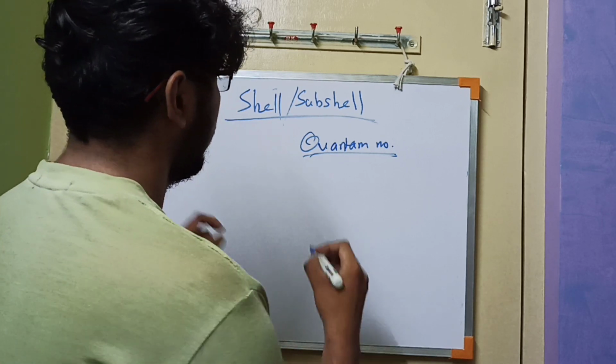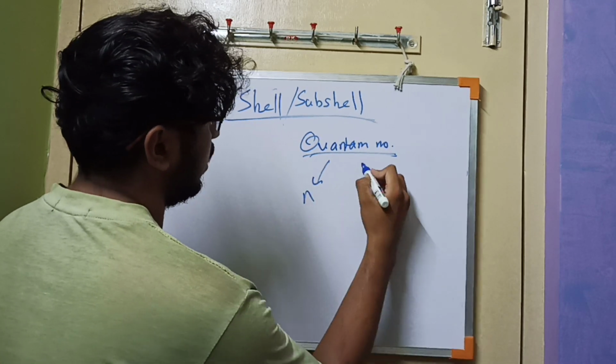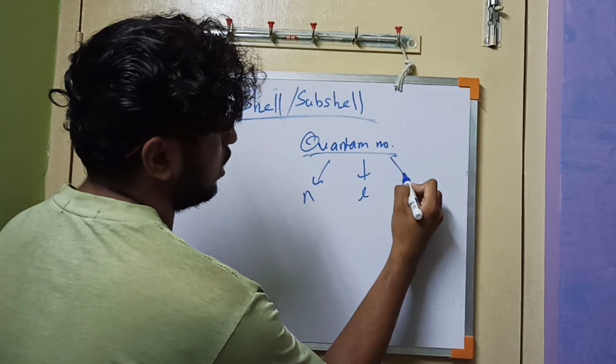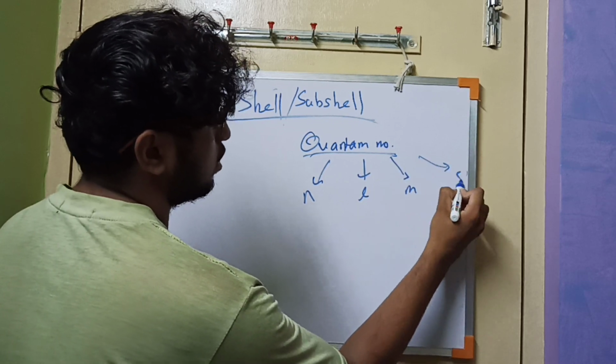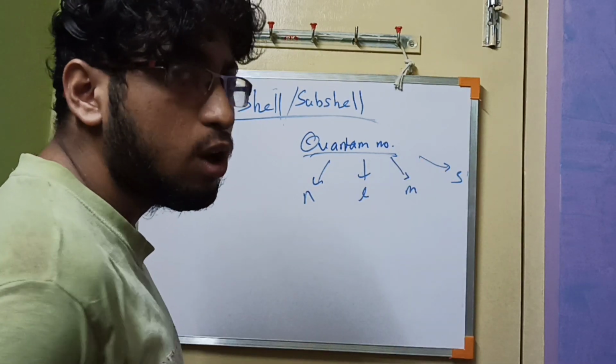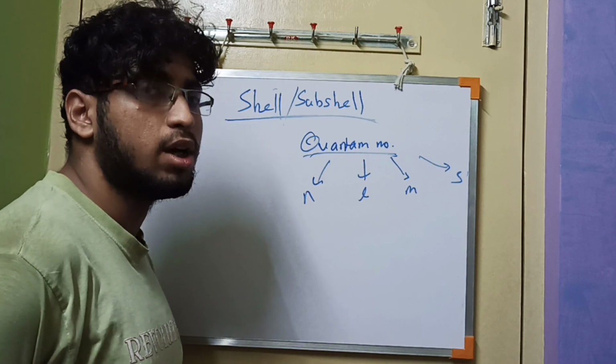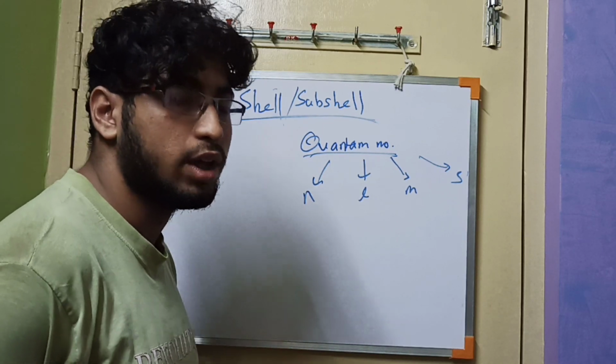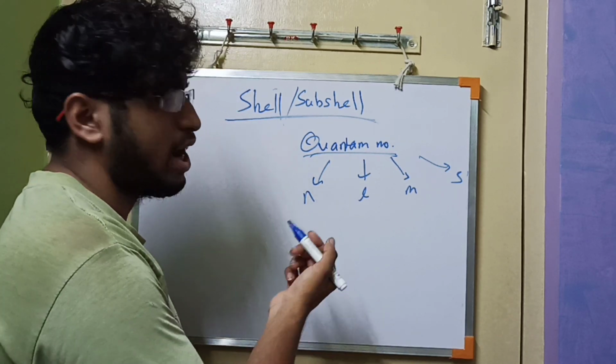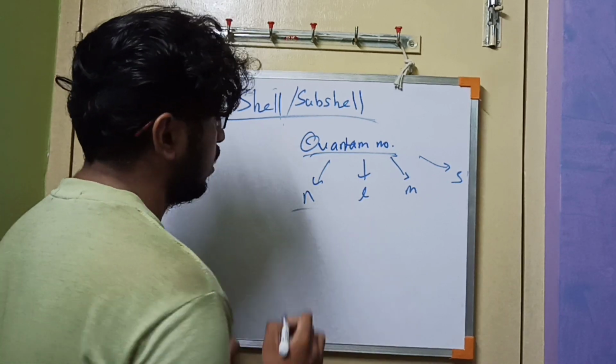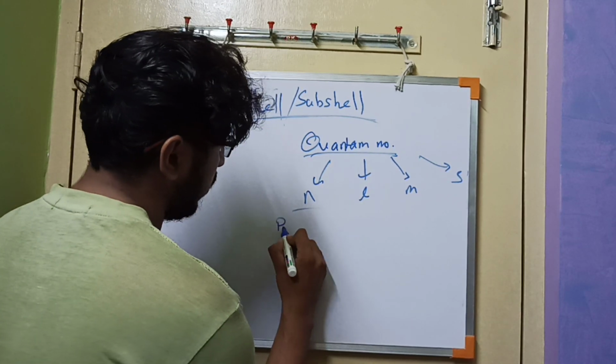What are they? N, small l, small m, and small s. These are the 4 types of quantum numbers we can read in atomic structure. N is defined as the principal quantum number.